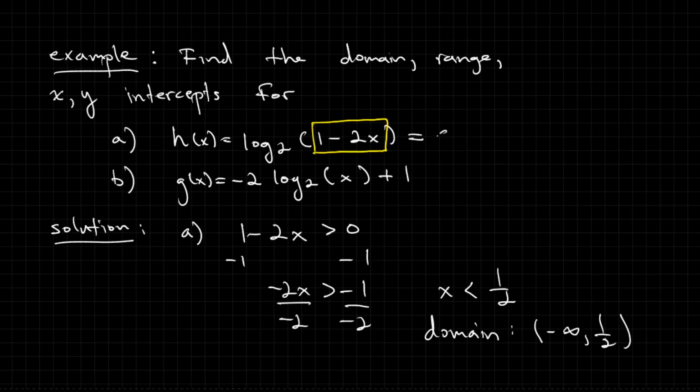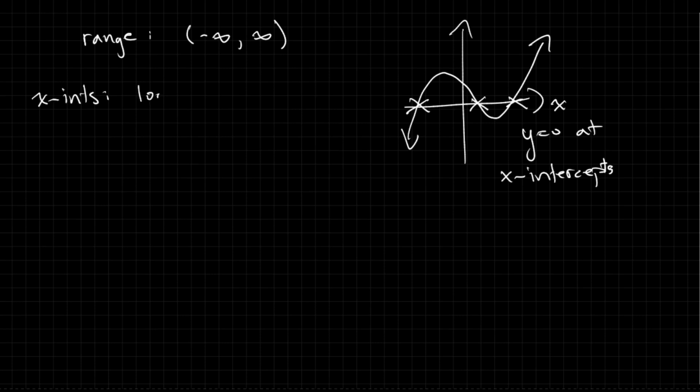So we're going to set y, which is, of course, h of x, equal to 0, and we'll go ahead and solve. So log base 2 of 1 minus 2x equals 0. We can apply the definition of the logarithm, or in other words, we can convert to exponential form, and we get 1 minus 2x equals 2 to the 0.